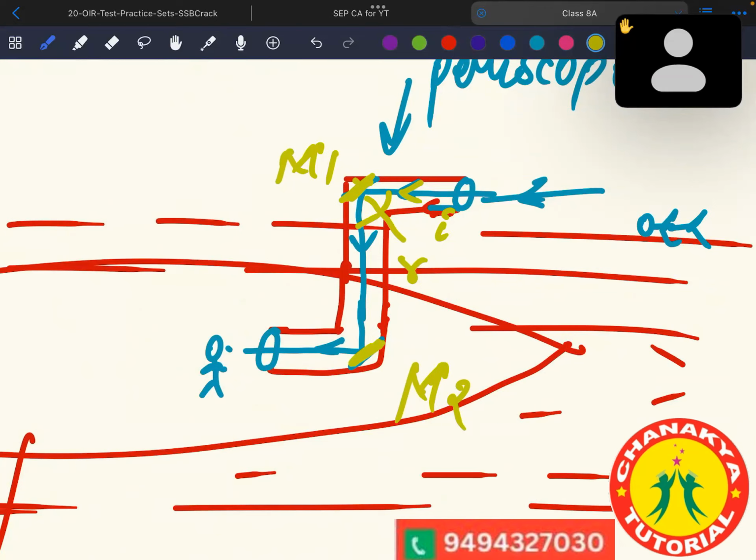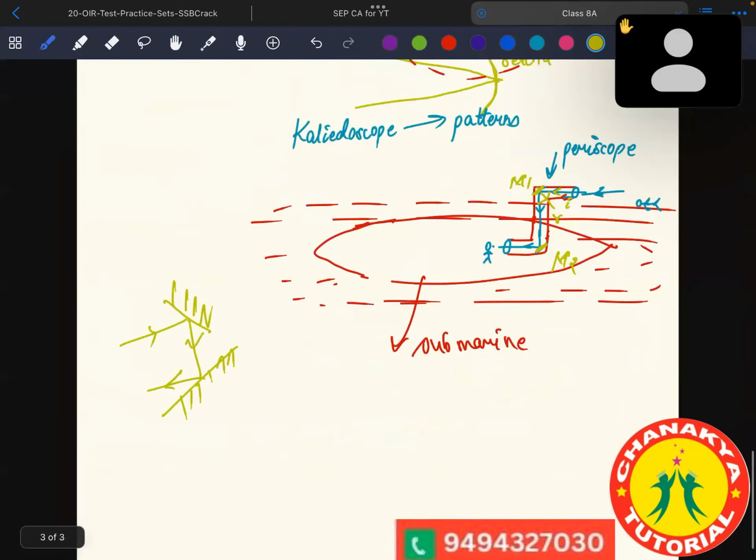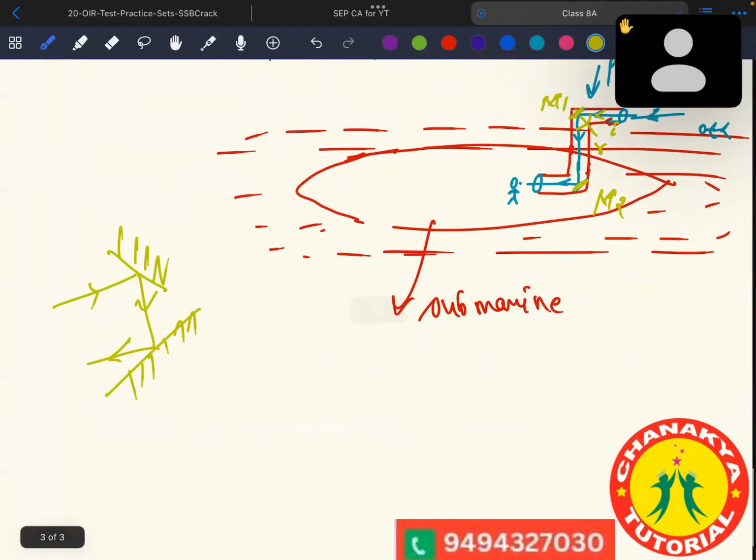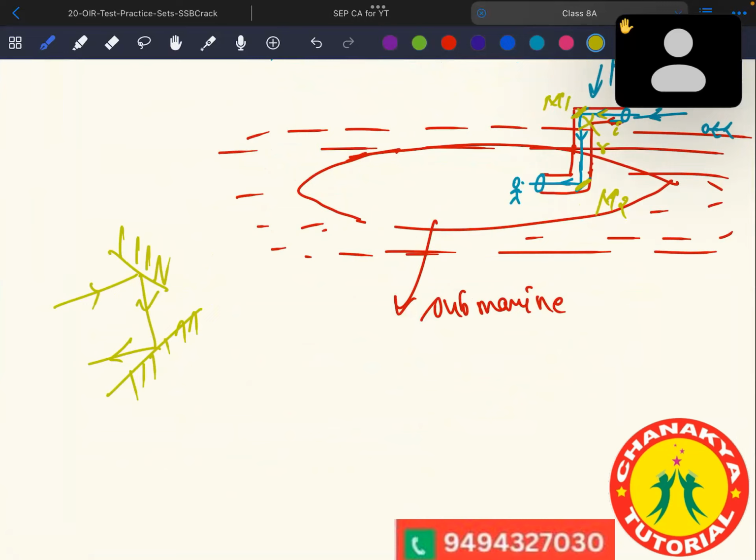Because it actually follows the principle of regular reflection, where the angle of incidence is equal to the angle of reflection. But if it is mentioned in your book, then please consider it and write it in your exam. Don't worry, I won't deduct your marks on this basis. Let's move to the next question.